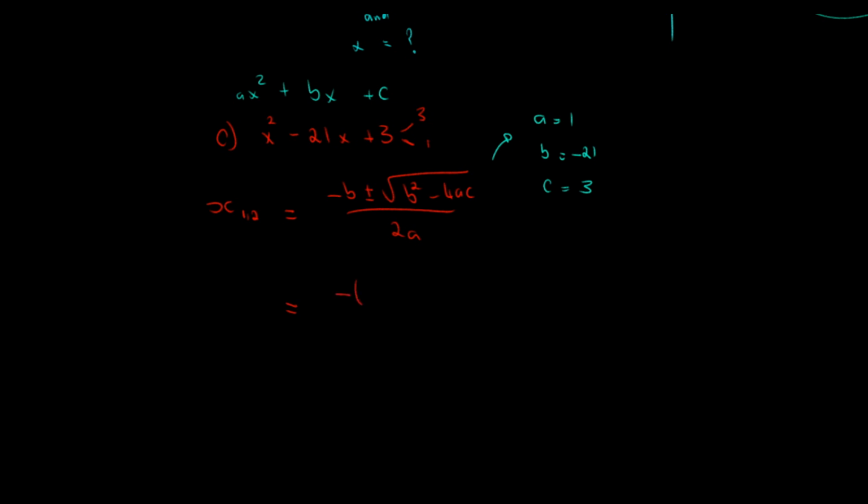So negative 21 plus minus the square root of negative 21 squared minus 4 times a is 1, c is 3, over 2 multiply 1. I'm going to calculate my first x.